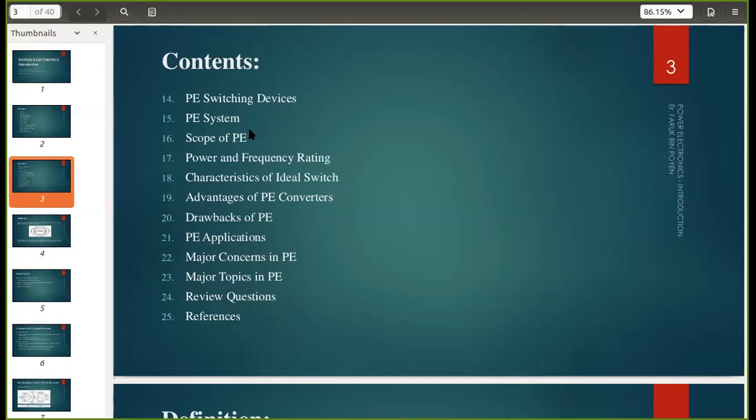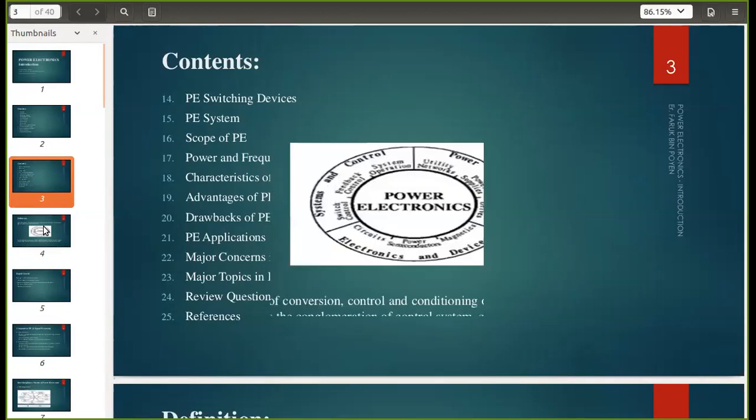What is the scope of power electronics, then power and frequency rating, its characteristics, its advantages, some drawbacks of power electronics, and their applications? And what are the major concerns in power electronics, and which topics are related to power electronics in the present scenario?